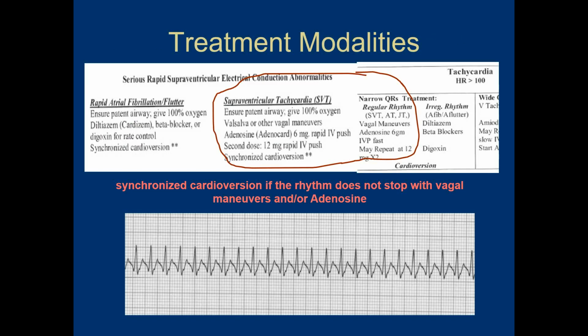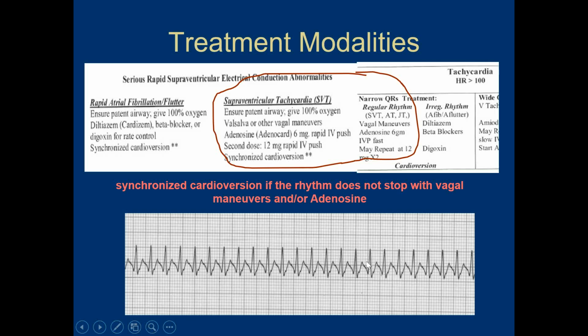Now we look at another rhythm. This is a supraventricular tachycardia. A narrow QRS. I told you that if the QRS is narrow, that means less than 0.12, then the first name of the patient's rhythm is atrial. We could call this an atrial tachycardia, but it's also called a supraventricular tachycardia.